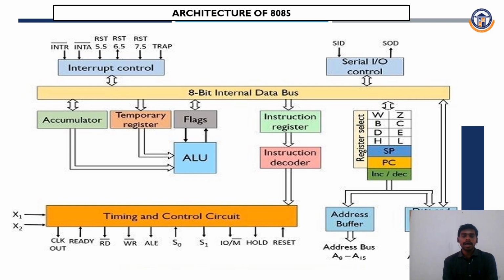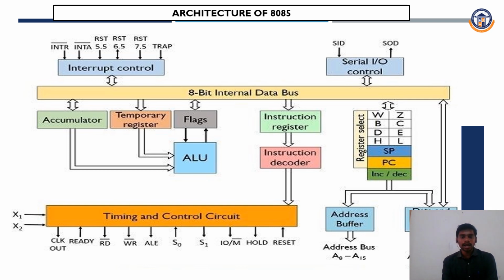It performs arithmetic operations like addition, subtraction, multiplication, division, and logic operations like AND, OR. These are controlled by the arithmetic logic unit. Next are the instruction register, instruction decoder, and also the registers: W register, Z register, BC register, DE register, HL register. Then the stack pointer, SP, and PC, the program counter. Then the increment register and decrement register.